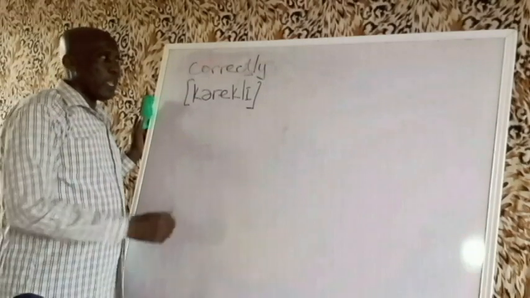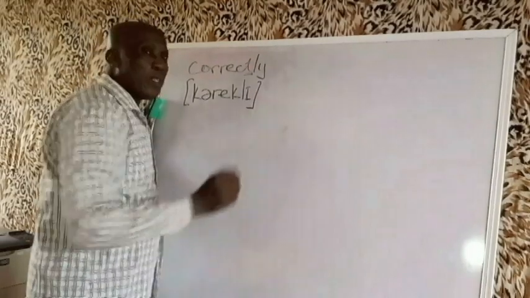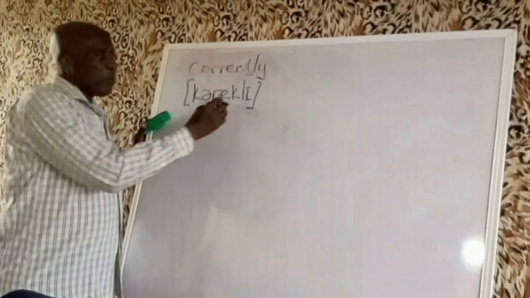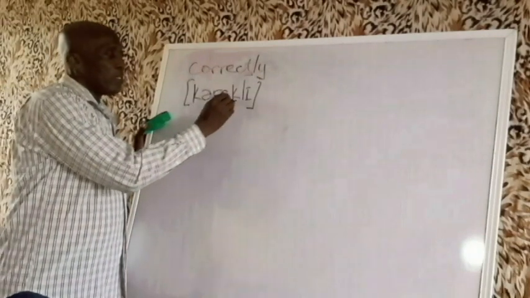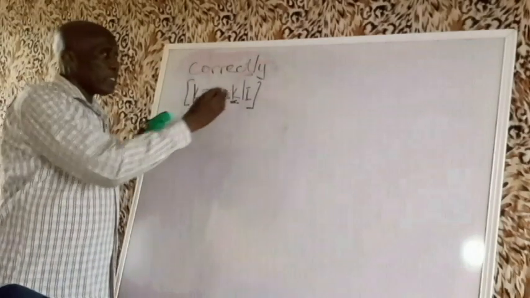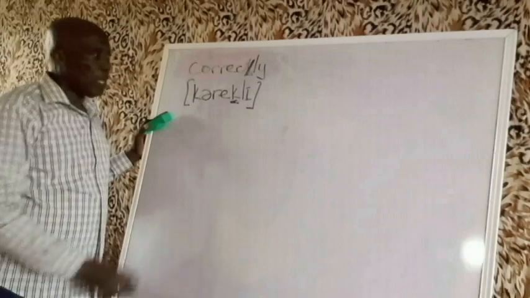If you were to pronounce the T, you will have a problem. Sometimes we find it difficult to pronounce it, as a result of which some of us remove this sound instead of taking this away.